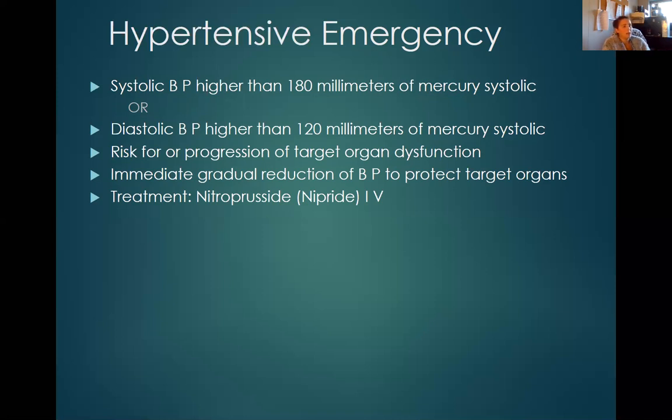Something has been impacted, and we're going to immediately go ahead and begin IV medications to reduce that. Nipride or Nitropress is one of the options. There's a few others. It depends on the physician's order. But familiarizing yourself with that medication prior to administration is imperative for your safety and the patient's safety to make sure you're doing what's best for them.